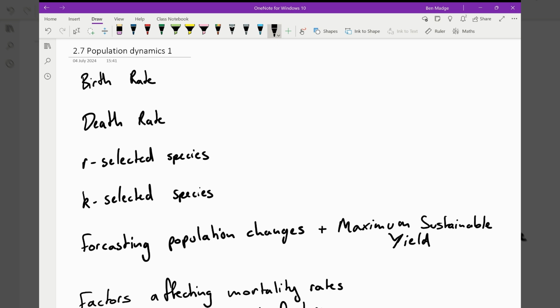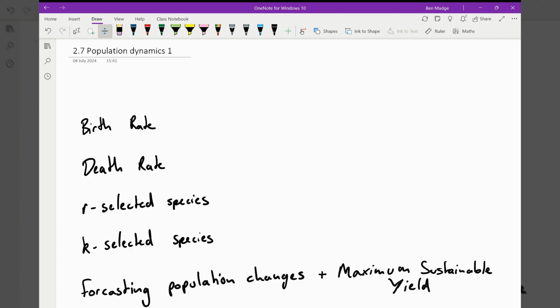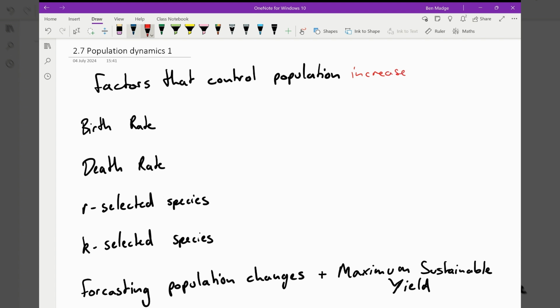So the first bit we've got to talk about then is what are population dynamics? Well, these are the factors that control population increase and decrease.